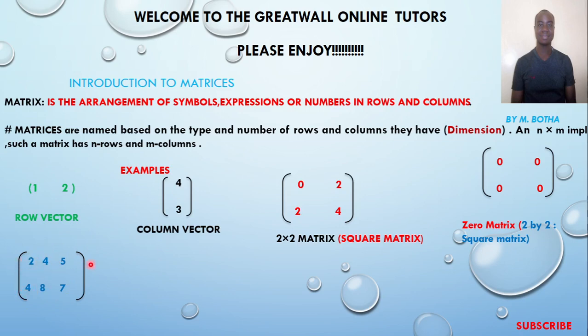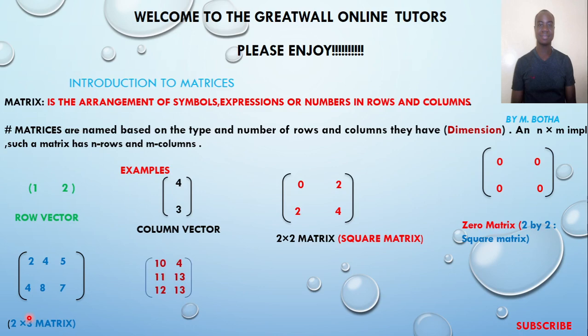So we have 2 rows and 3 columns. So the dimension of this matrix will be a 2 by 3 matrix, telling us that this matrix has 2 rows and 3 columns. Good. Let's proceed and look at the other one.